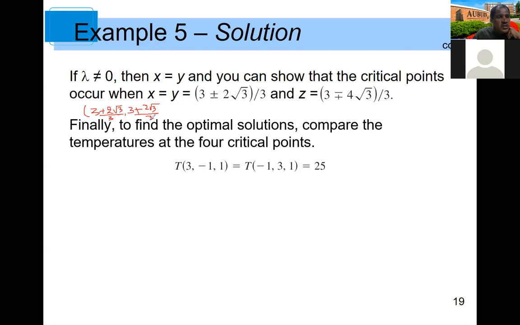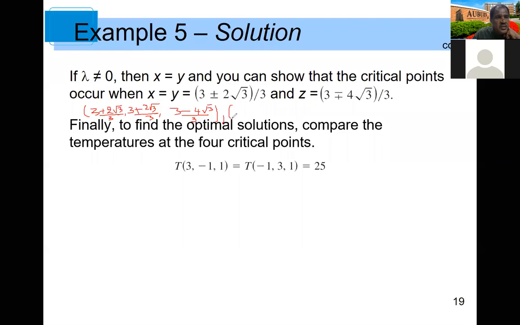Then z is 3 minus 4 root 3 over 3. So you have to see the order. You see, this is plus minus, this is minus plus. So when this is plus, this is minus.